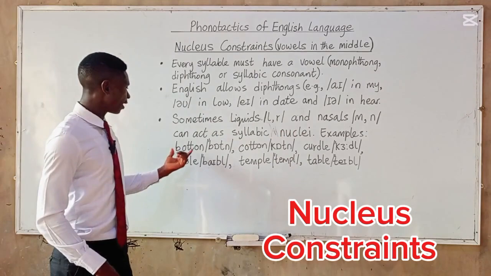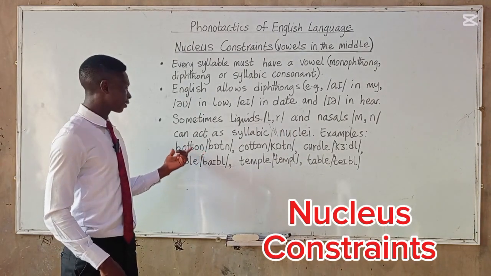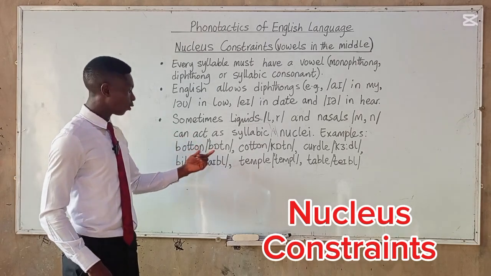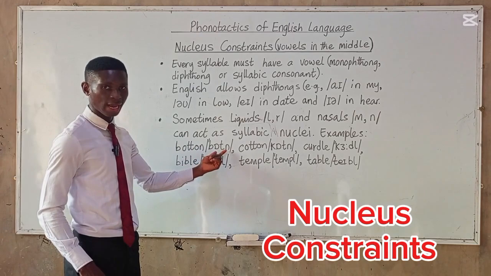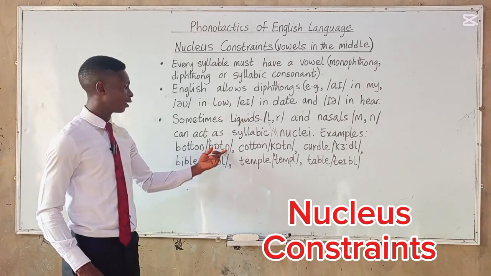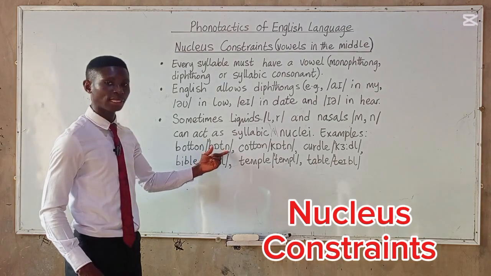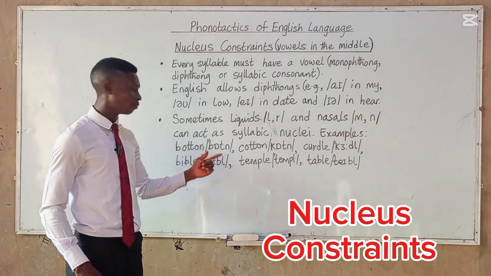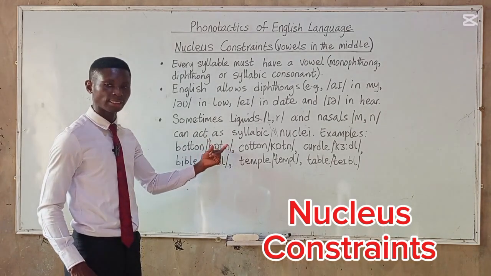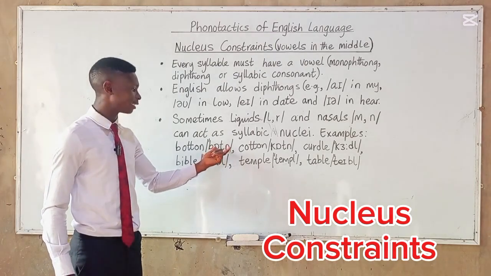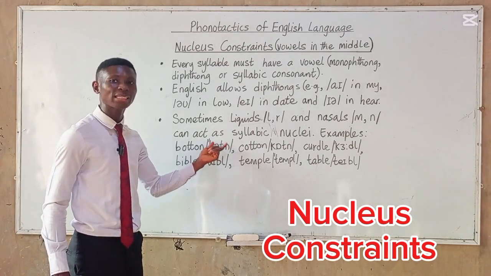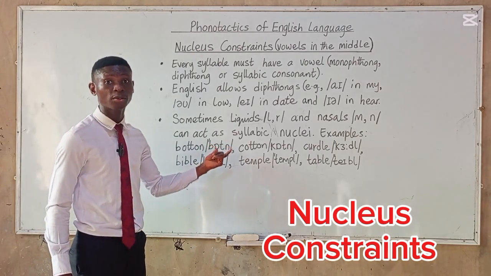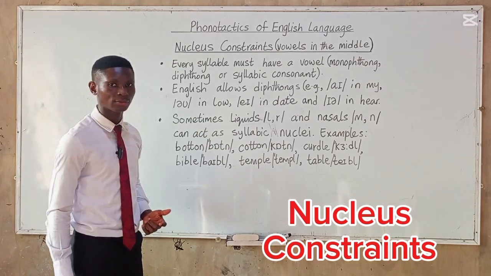Examples: in the word button, the first syllable is bo, the second is ten. In the transcription of ten, we have no vowel sound, just the t and the nasal sound making this syllable, that is the second syllable. Hence, this is described as a syllabic consonant: a syllable that is formed with only a consonant sound.